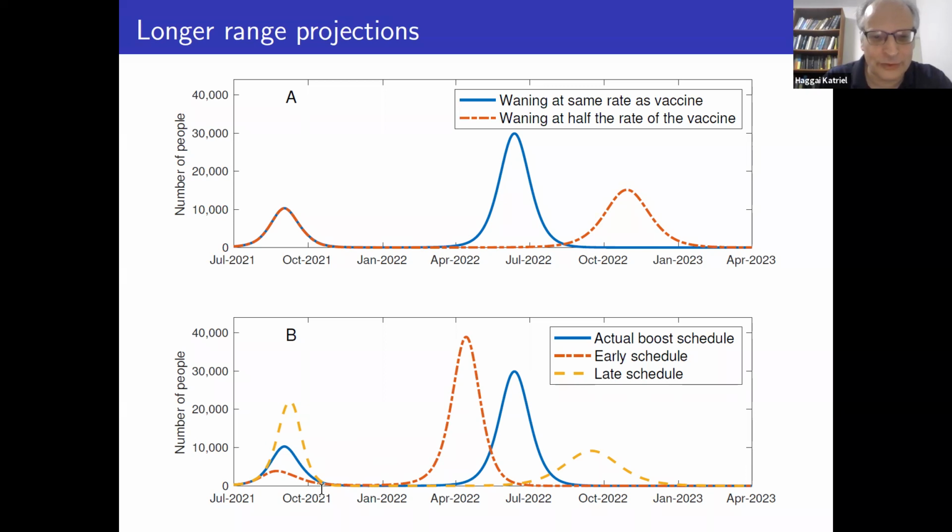If we started 2 weeks earlier, there would be a price to pay, because the next wave would be earlier and, let's say, higher. This is because during this epidemic we gathered some herd immunity. So if you don't have this epidemic, then the next one will be earlier.